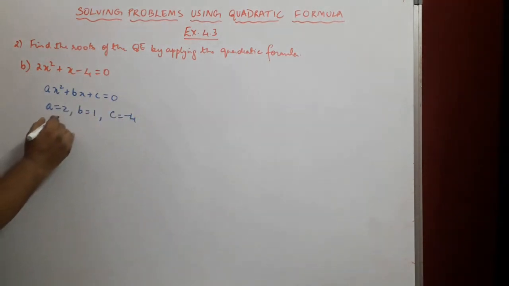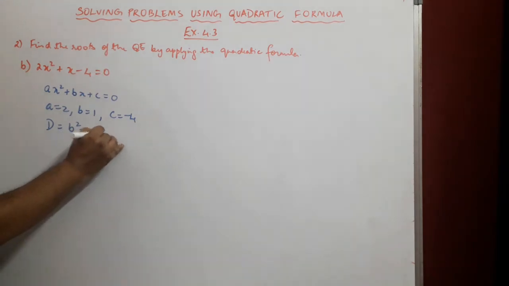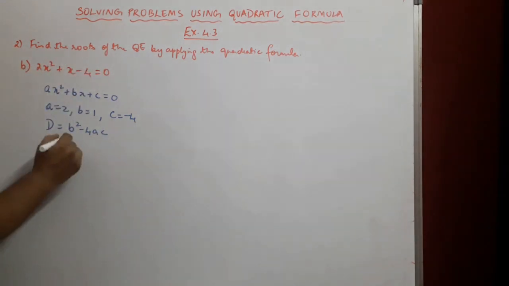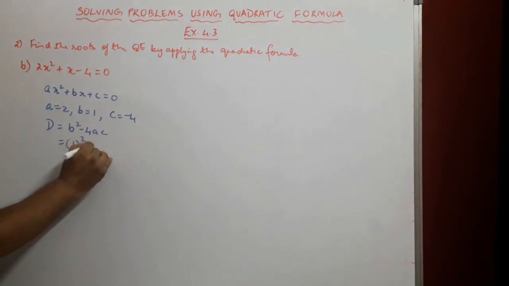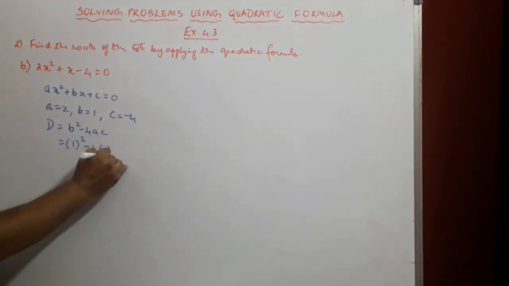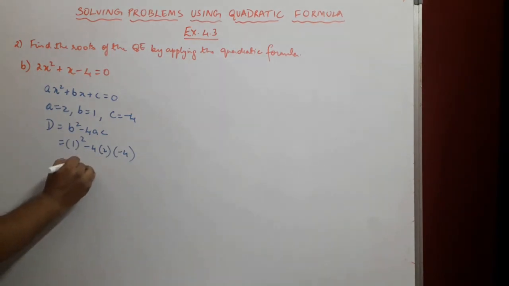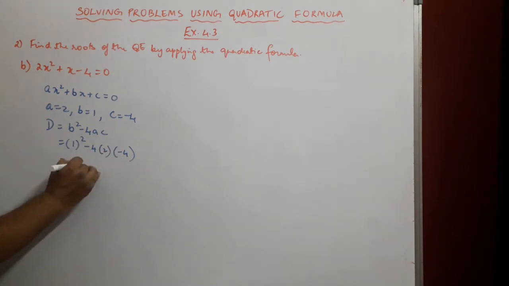Now that we have got the values of a, b and c, we will use them in our discriminant formula, which is d equal to b square minus 4ac, to see whether we get real roots or not for this equation. b square, so b is equal to 1, so 1 whole square, minus 4 into a, which is 2, and c, which is minus 4. 1 whole square is 1, 4 into 2 is 8, 8 into minus 4 is minus 32, minus 32 and minus will give us plus 32.